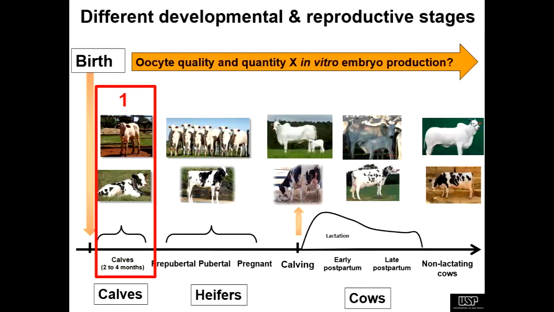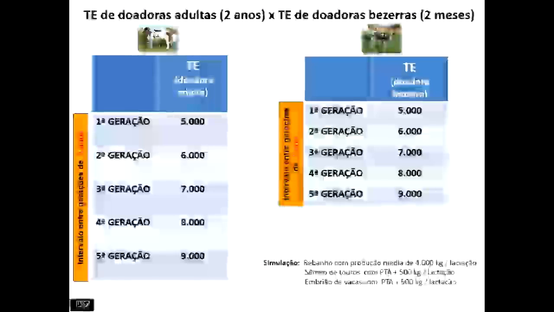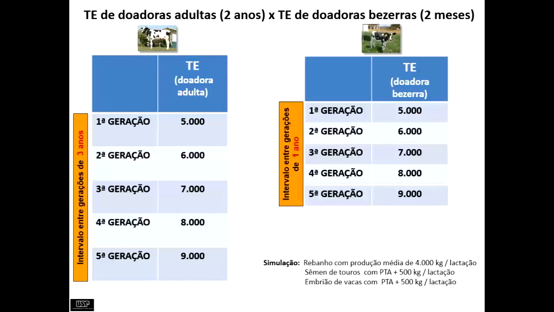We will start with the first phase. In the last five years, we started to work trying to understand the oocyte quality of calves. Why are we doing that? It is about the genetic interval between generations.